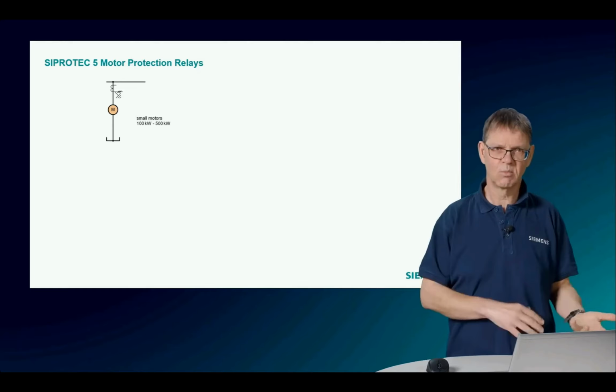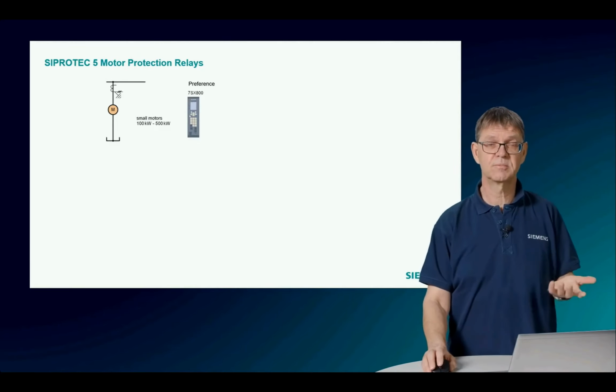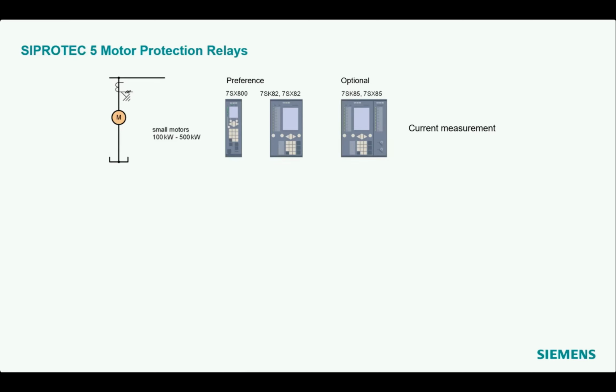So we say small motors we protect only with the currents, and here preferably we can use the 7SX800 with a small hardware setup, or the 7SK82, 7SX82, the non-modular devices, and of course, if necessary, also the bigger devices with the scalable hardware.